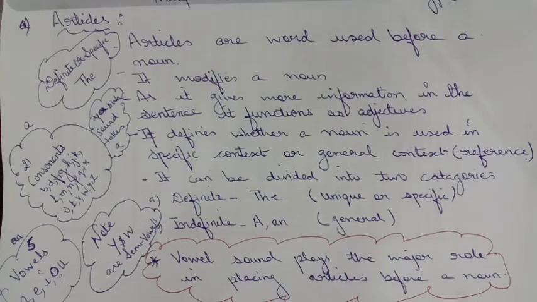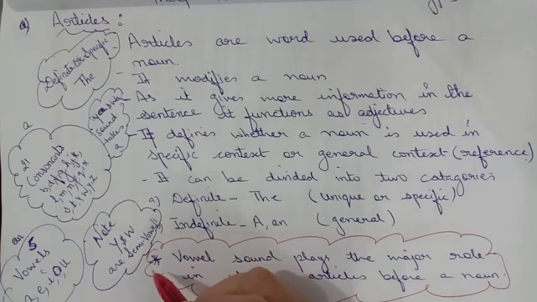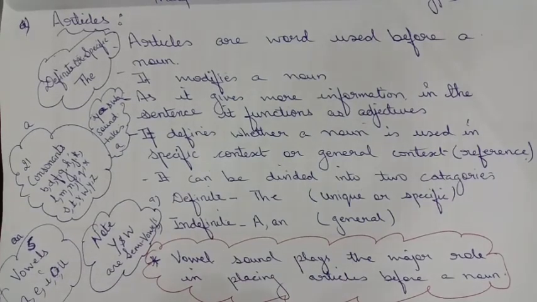Okay, but please notice this very important thing. Vowel sound plays a major role in placing articles before a noun. So please don't get confused just by seeing a or an. Just listen to the sound. Y and W are semi-vowels.